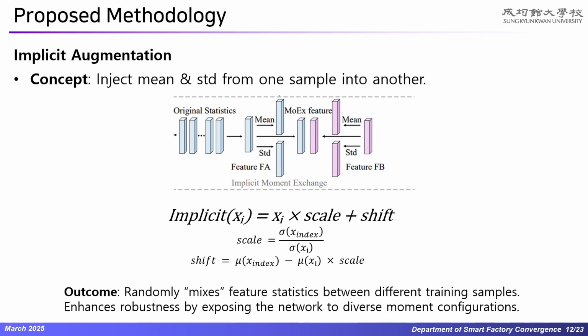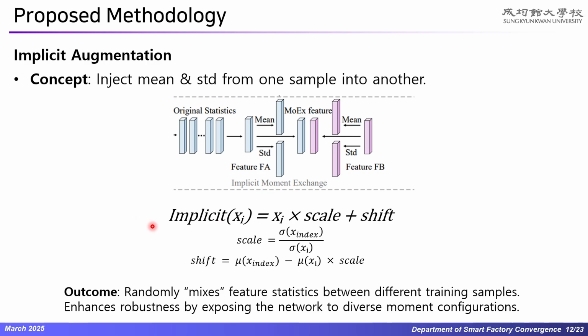Moving on to implicit augmentation, the goal here is to exchange feature statistics across different samples to further diversify the training distribution. So instead of artificial perturbations from the explicit augmentation, we use statistics from other sample images, injecting mean and standard deviation from one sample to another. Here we see implicit x_i being the feature after an implicit augmentation.